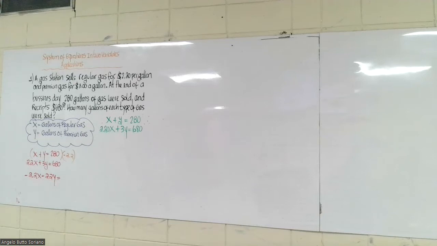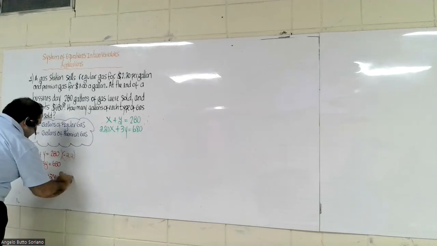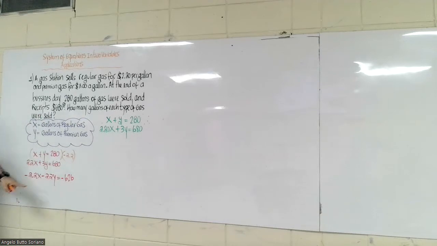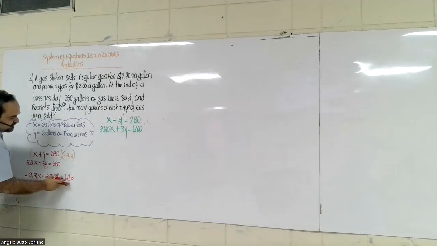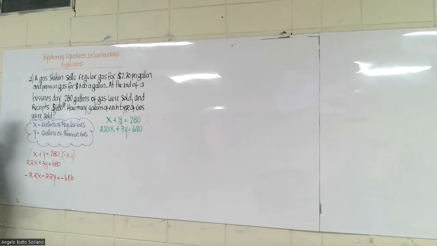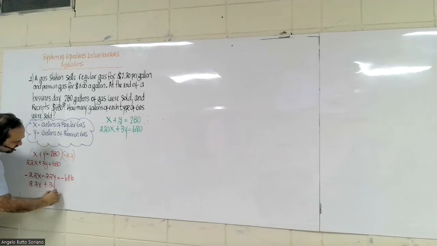Eliminate x. The result is negative 616. Now copy the second equation: 2.2x plus 3y equals 680.